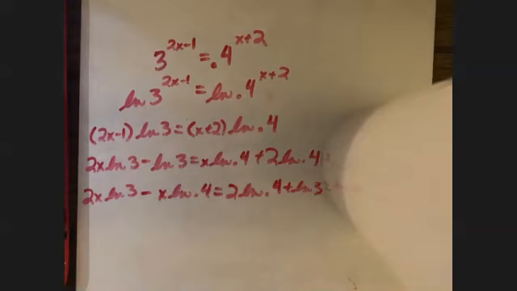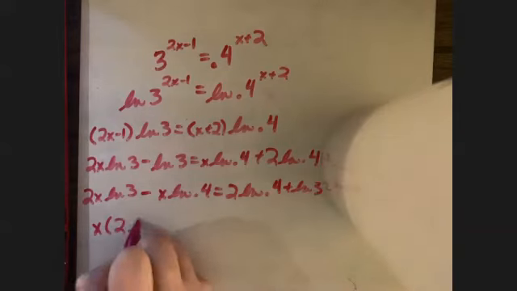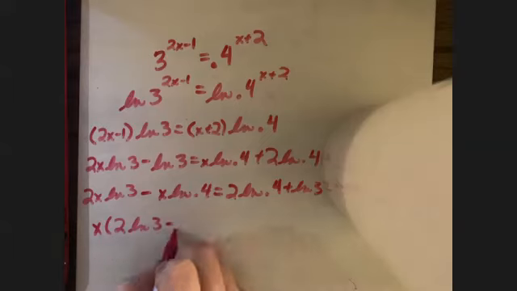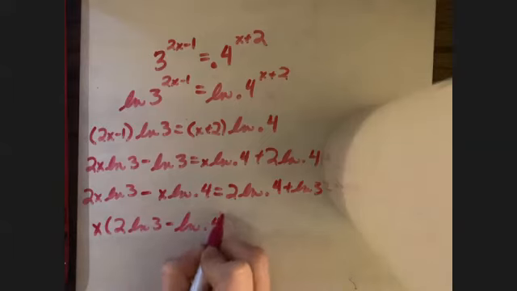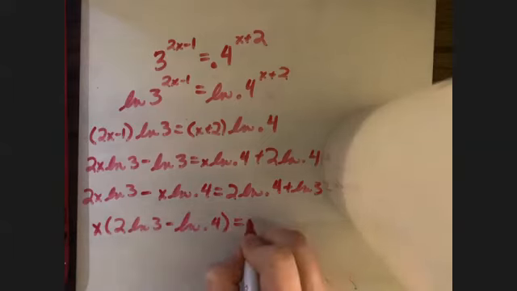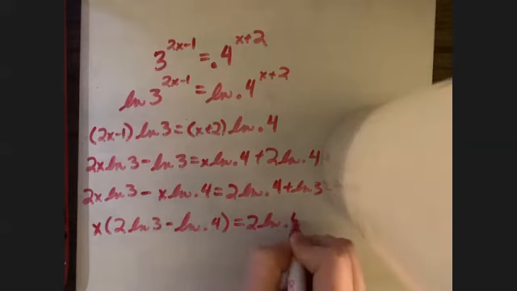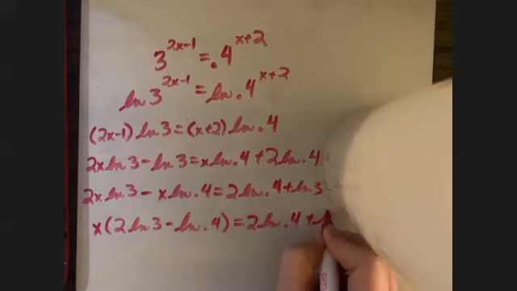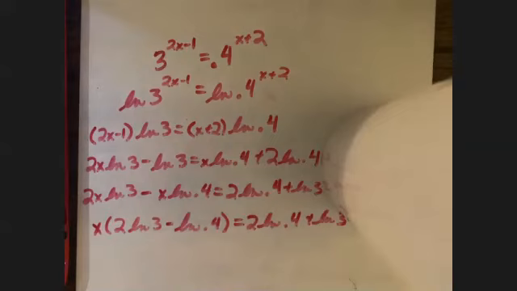Now, similar to when we solved our rational problems back when we were doing inverses, I'm now going to factor my x out of this. Okay, and then we're going to divide.